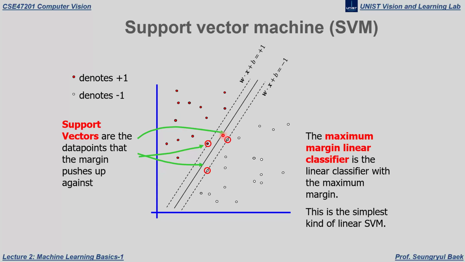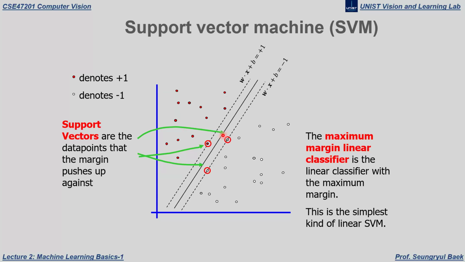This is because when deciding this SVM model, we are given a limited number of training data, right? Sometimes this training data does not fully explain the boundary.